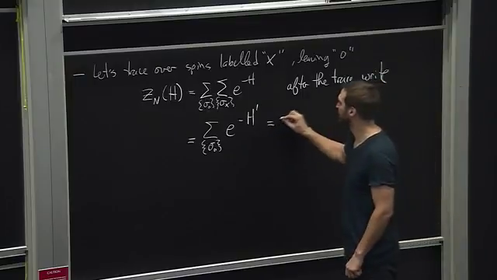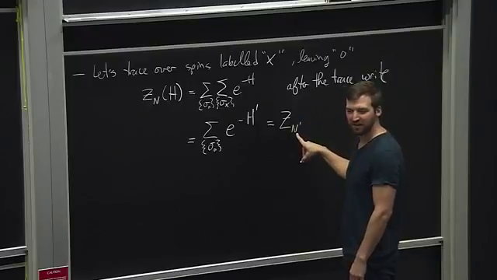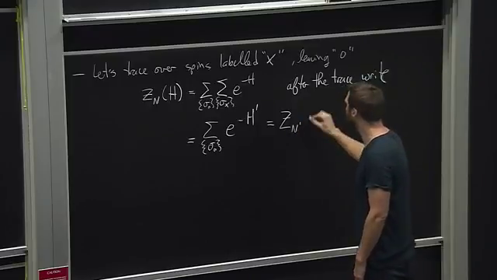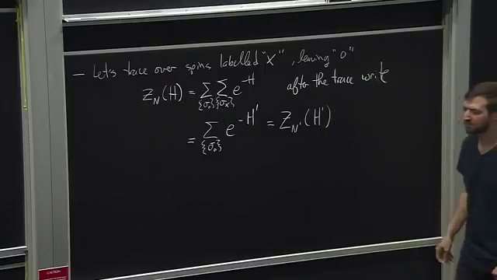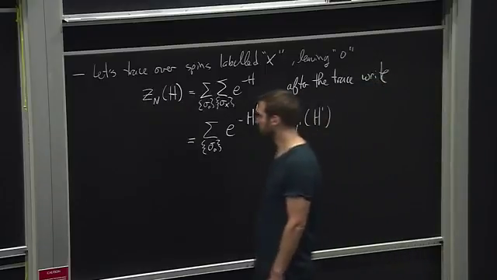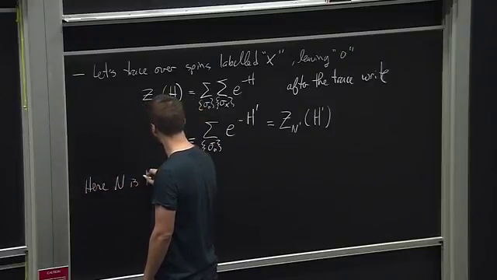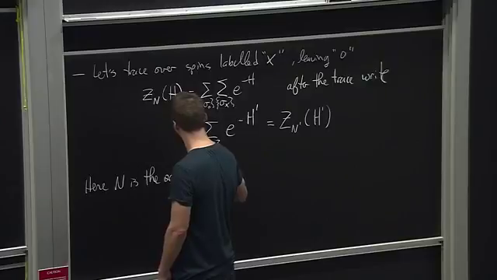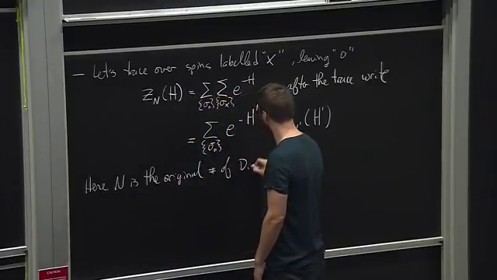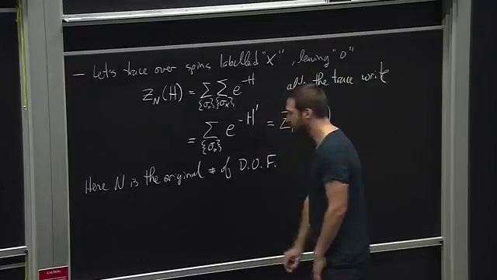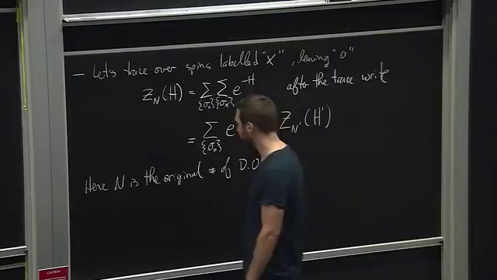Which is just Z, there's a new number of spins, and there's a new set of interactions. So n is the original number of degrees of freedom, and n prime is the degrees of freedom after the trace.